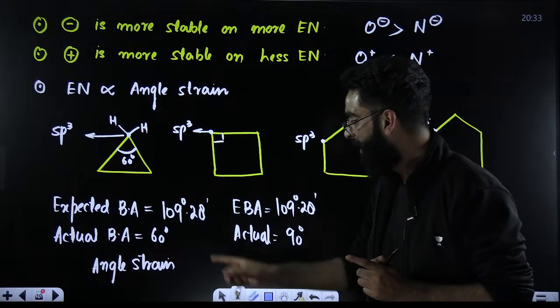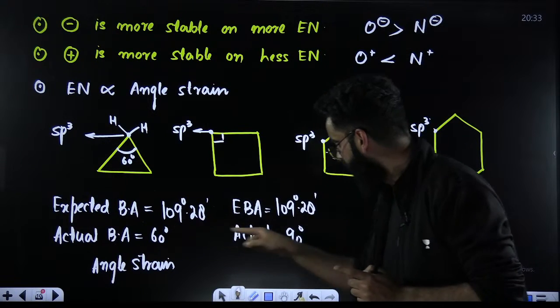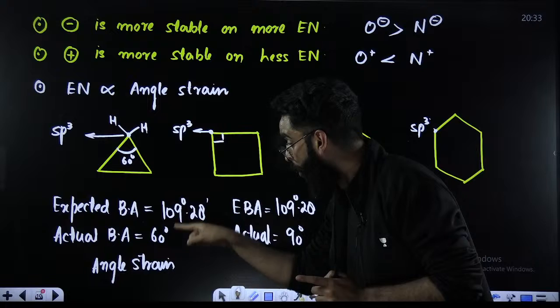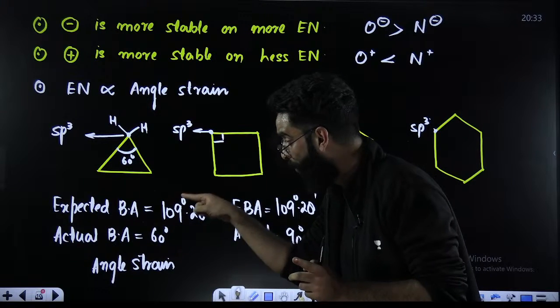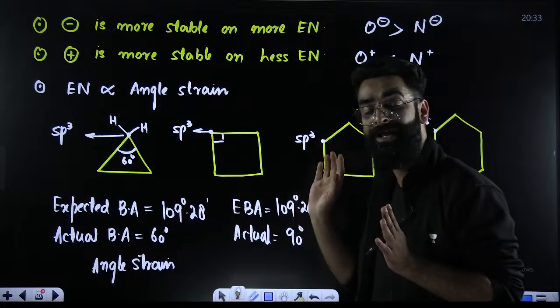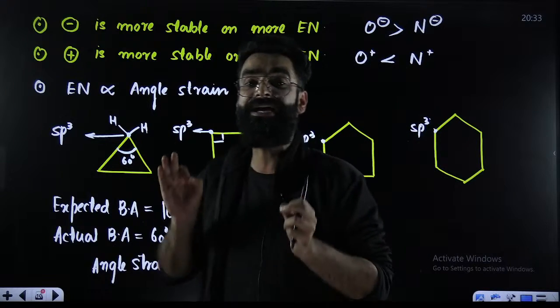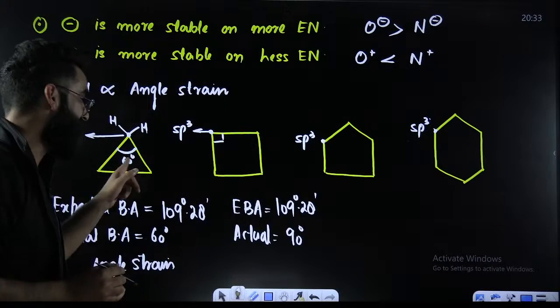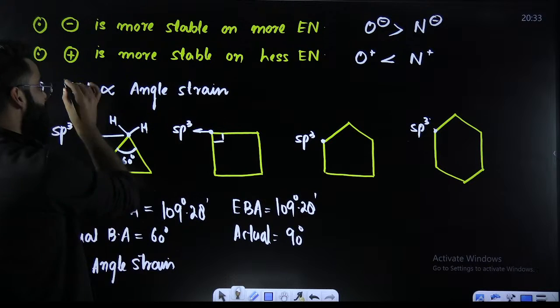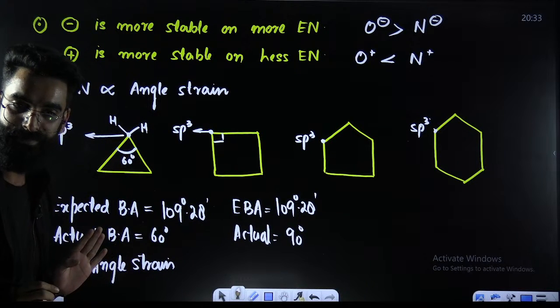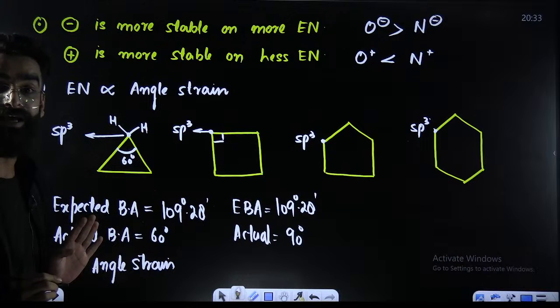My dear students, look at the difference. Wherever you find more difference between expected and actual bond angle, there only angle strain will be more. So I would say in case of the first one, angle strain is more, and the more the angle strain, the more the electronegativity.